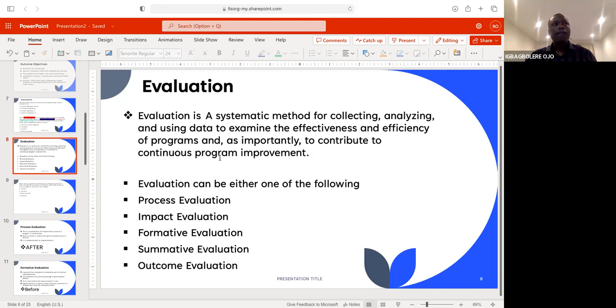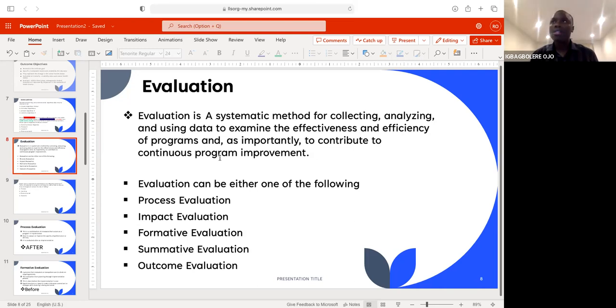So let me start by saying this. For those of us that are taking the CHES exam, evaluation can be conducted right from the very first area of responsibility to the last. You can evaluate an implementation plan.